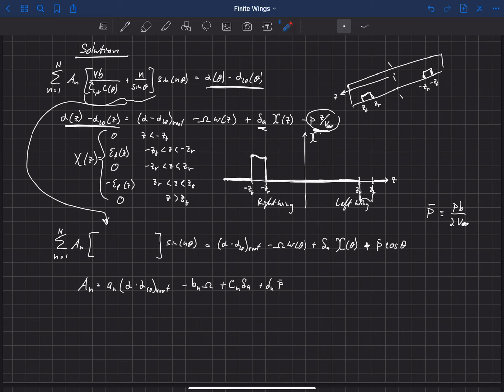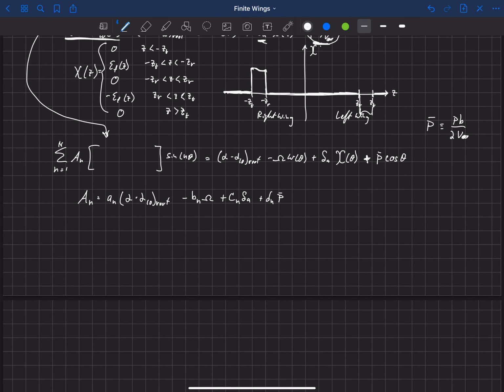And all we're doing again is dividing this up into 4 different summation terms. And so instead of solving for capital AN, we're going to solve for these little an, bn, cn, and dn from 4 summation equations, which all have the exact same form. So the first one is going to be the summation of little an, with that stuff in brackets, times the sine of n theta, equal to 1.